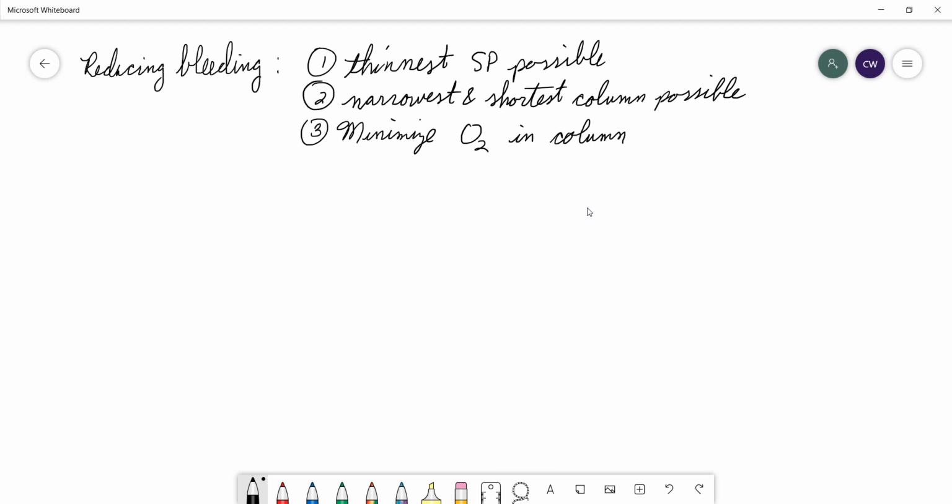And that contains both a desiccant to remove any water vapor that might be in the helium and a deoxygenation salt. So a salt that will pull oxygen out of that carrier gas, thus making it even more free of interferences, because the presence of oxygen will accelerate bleeding by oxidizing the stationary phase. Okay, so if we can get rid of that oxygen, we can reduce the risk of stationary phase oxidation.